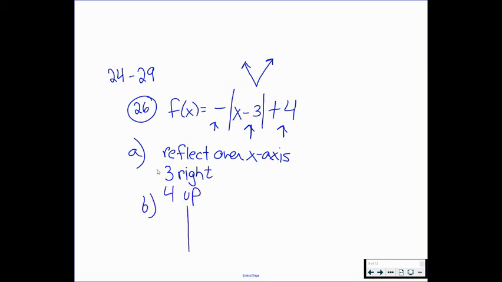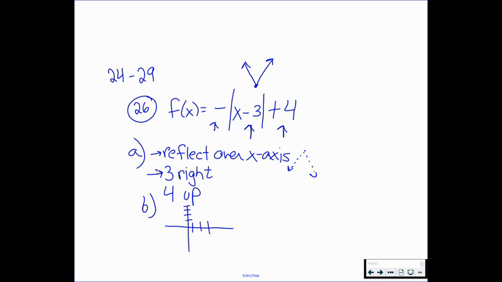Now that we've got the changes, let's graph what this new function is going to look like. This is a V-shaped graph because it's an absolute value function. First, I'm going to reflect over the x-axis, which just moves the graph over the x-axis to point downwards. Right 3, so 1, 2, 3, and up 4.